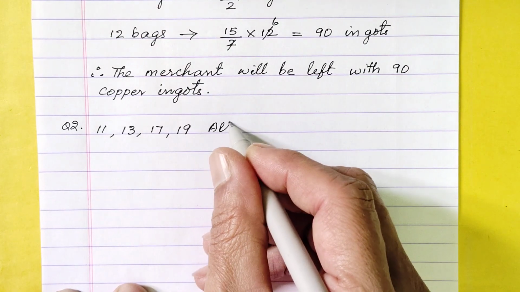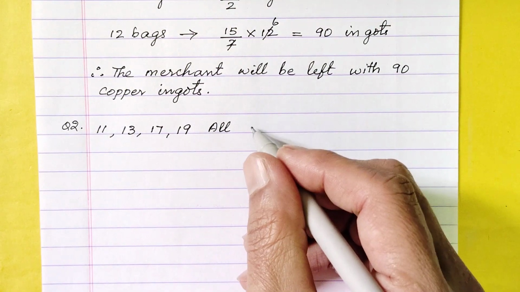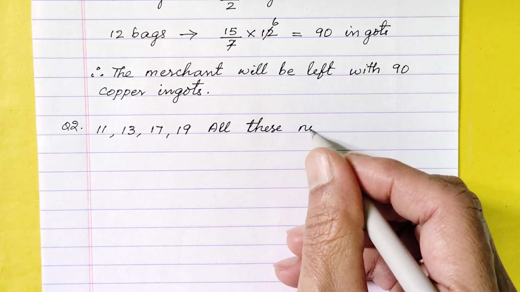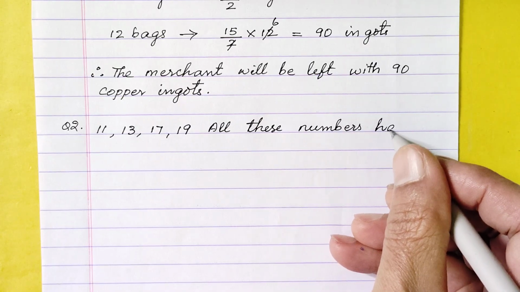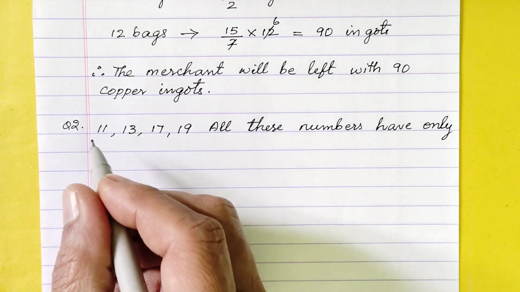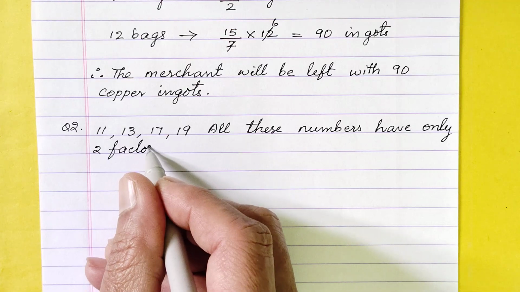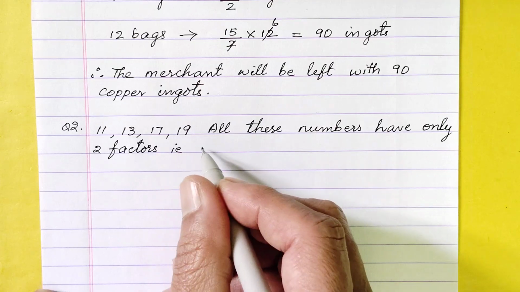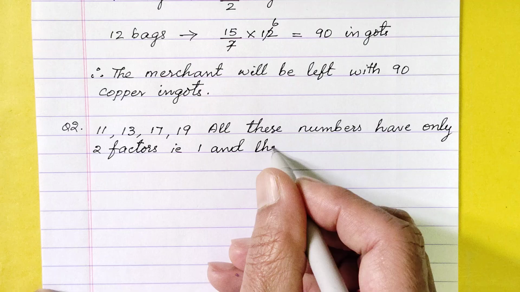All these numbers have only two factors, that is 1 and the number itself.